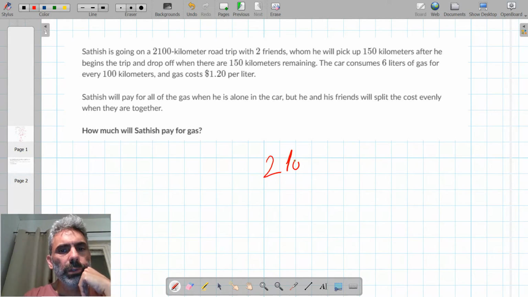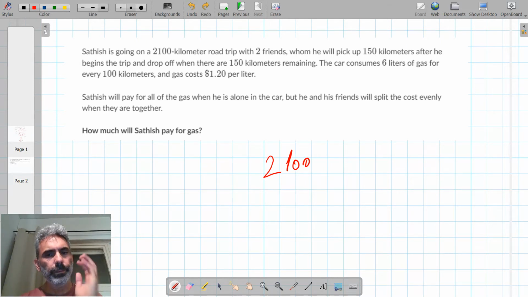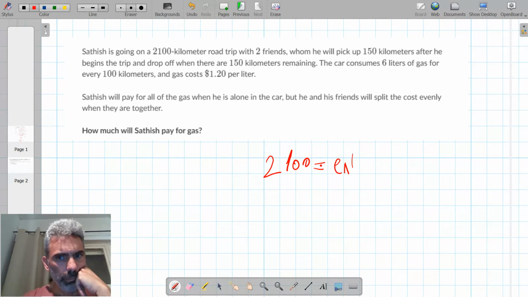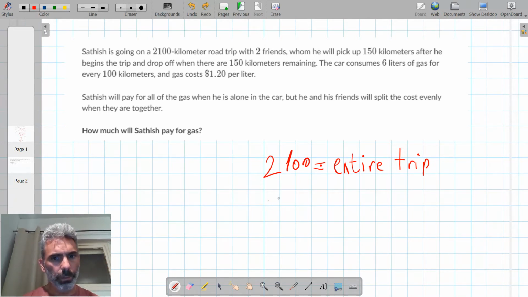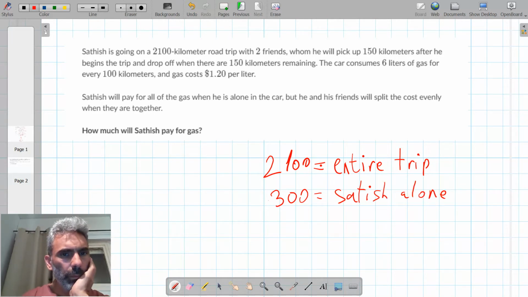Okay, 2100 kilometers, out of which this is the entire trip. Satish alone in the car, 300 kilometers. But he also pays for the other 1800 kilometers.